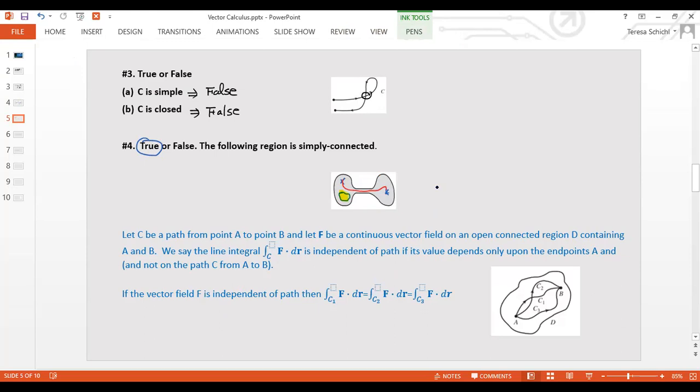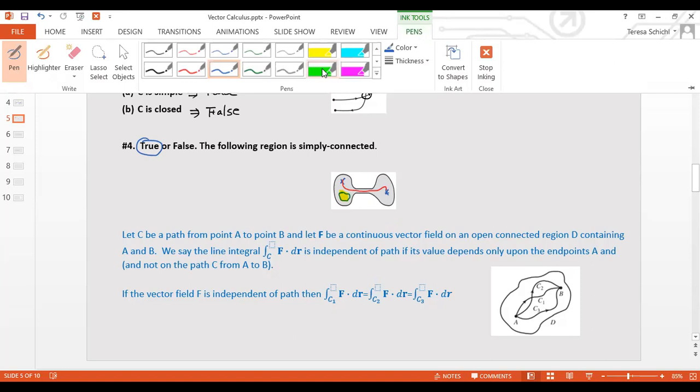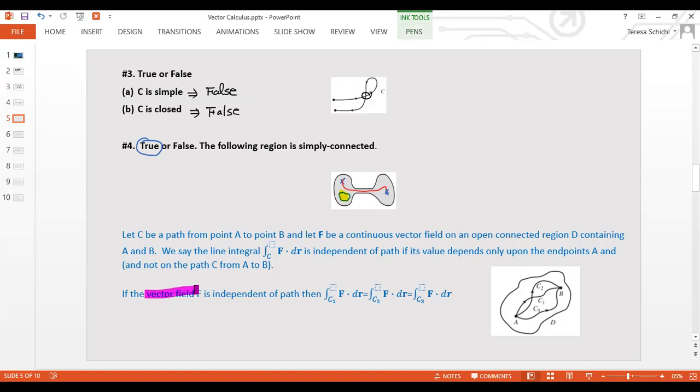Okay, so let's take a look at the next few very important definitions. This is what we call path independent. This definition is pretty straightforward. We say a vector field F is independent of the path, so that means if you integrate over C1, C2, or C3, they're all the same.